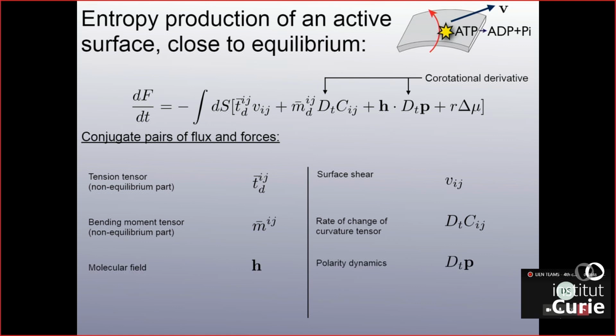The molecular field is coupled to the polarity dynamics. Those are two objects from liquid crystal physics, which are already known there. And the surface is active, and so the rate of ATP consumption is coupled to the chemical potential of ATP hydrolysis. Okay, and this is a term that brings the system out of equilibrium because it describes the fact that there is chemical energy available to the system.